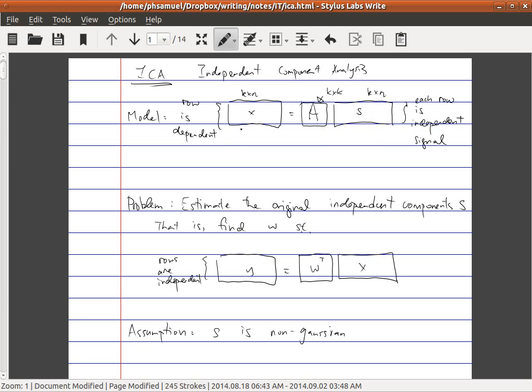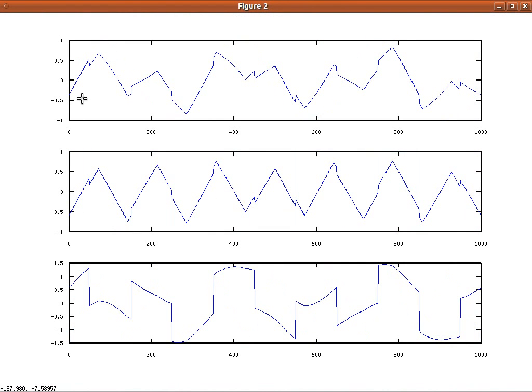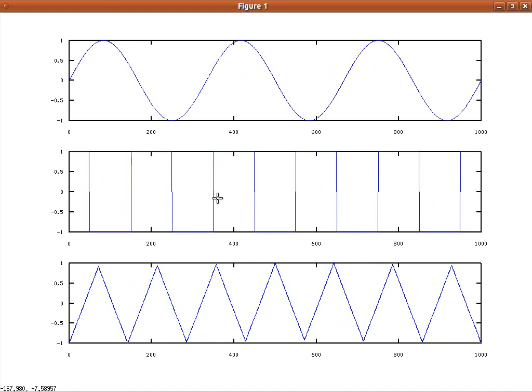Let me give a picture that probably explains it better. Let's say we have these three independent components here, and instead of having these three independent components, we got mixtures of these components like this. So this is one mixture, this is another mixture, and this is another mixture. And our goal is to find back these original components.